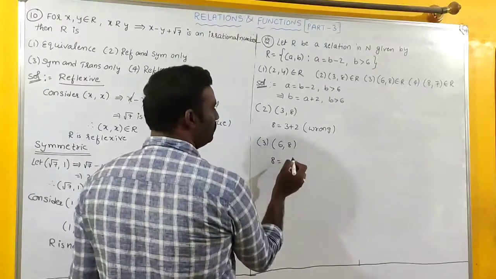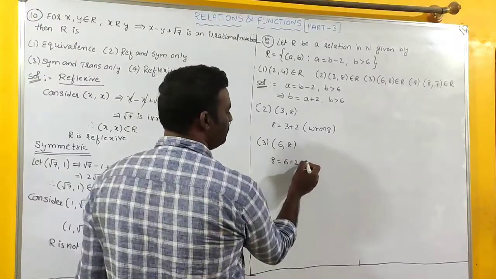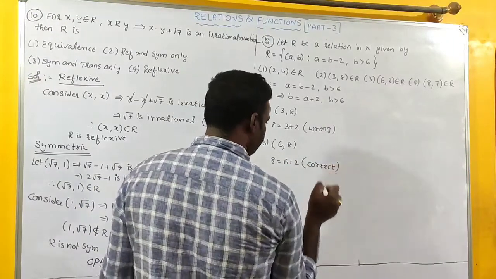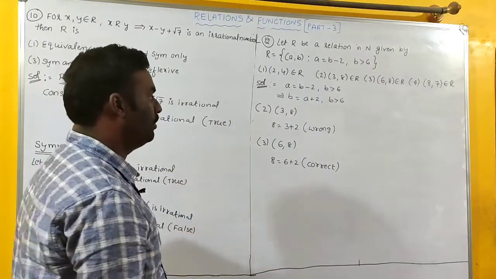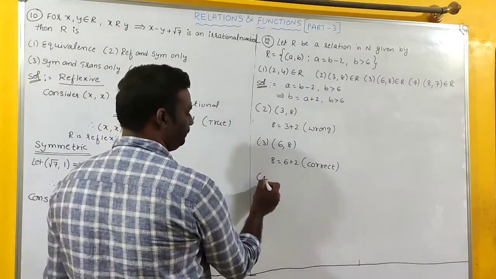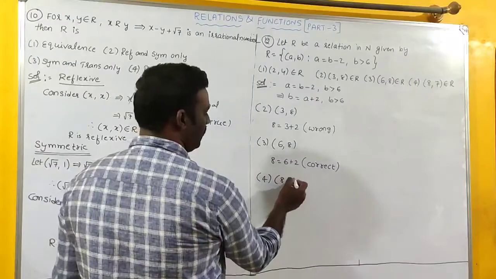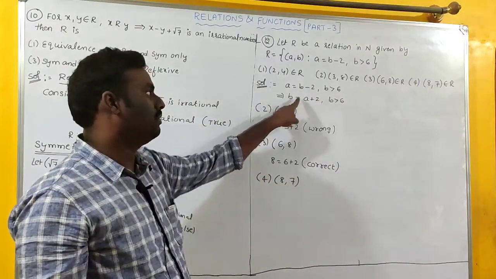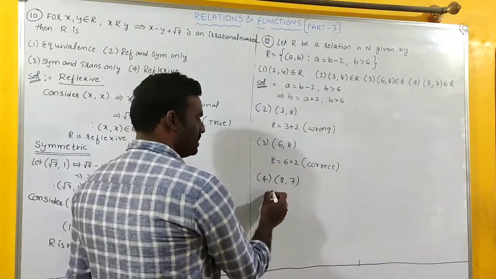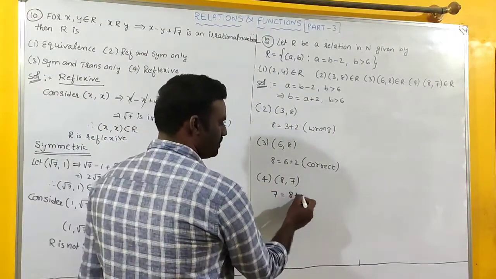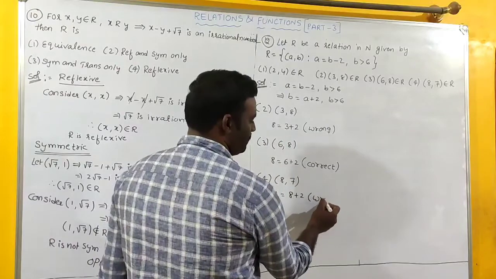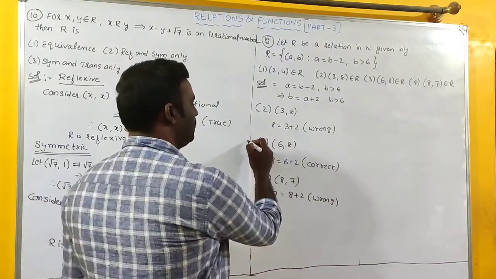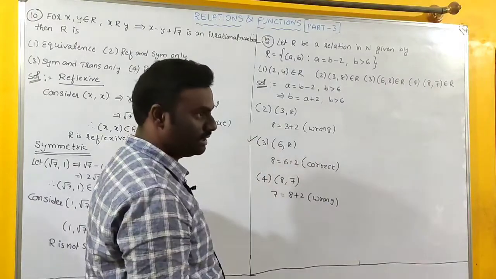B equals 6 plus 2. This is correct. I will go with the fourth option. 8 comma 7. Again the condition B equals A plus 2. 7 equals 8 plus 2. This is also a wrong answer. Now which is correct? Option 3 is the correct answer.